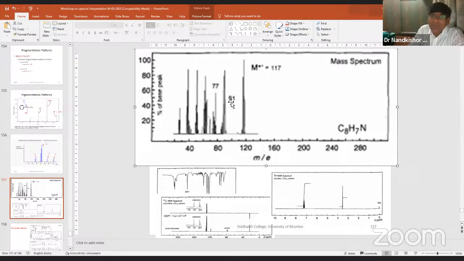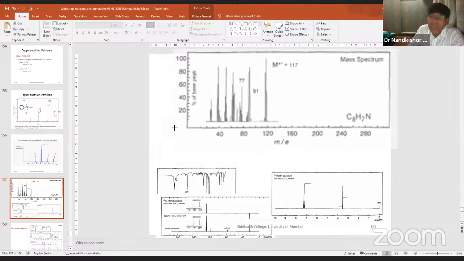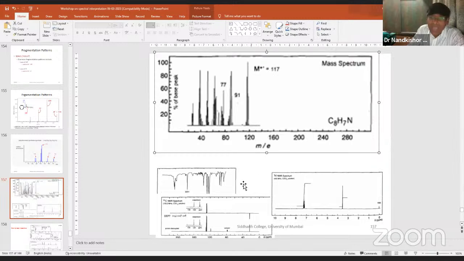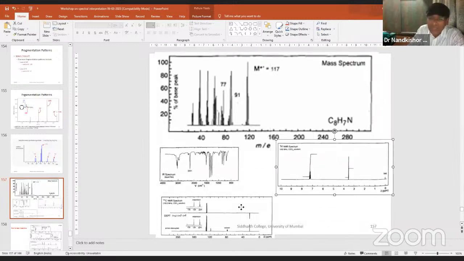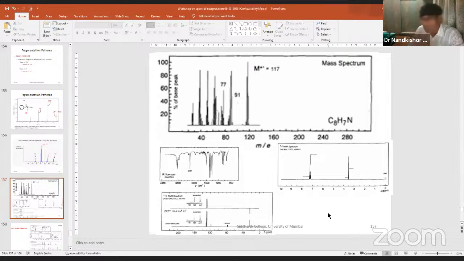If you subtract 91 from the molecular ion, you get 26 units. And what is the 26 unit? You can easily work out what is left. Sometimes from mass spectrometry you can easily work out the structure too, but if you have supporting data, that is more useful, and then you can easily work out the structure of the molecule.